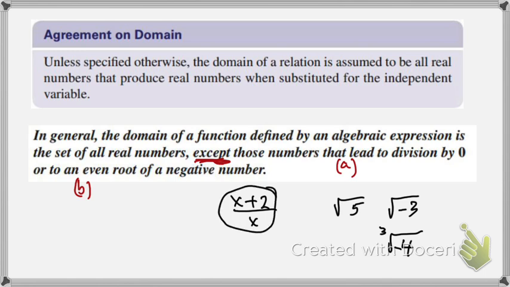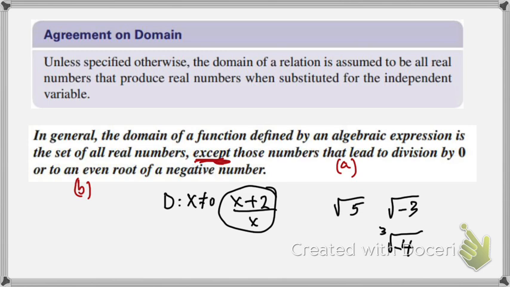What can x not be right there? 0. X could be negative 2. It's okay to have a 0 on top. That's a good question. I just can't have one on the bottom. Right? That's exception number 1. So the domain for this thing right here would be what? X not equal to 0. Any number other than just 0.